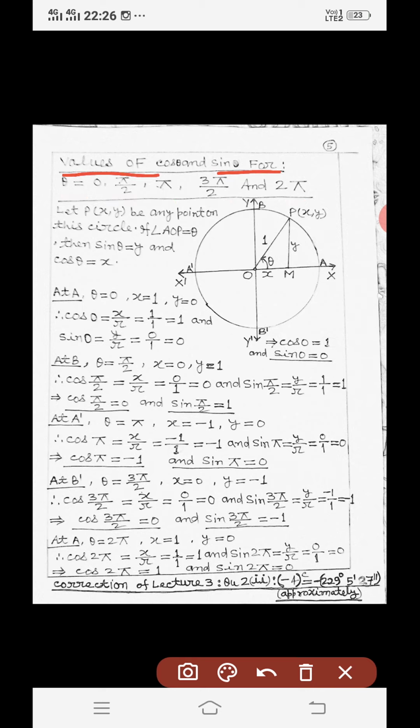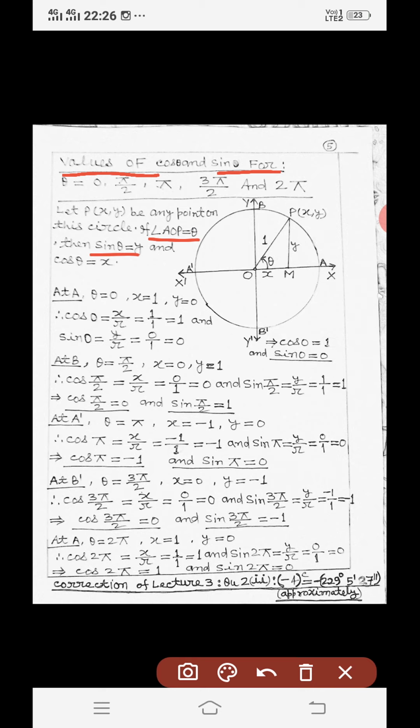Dear students, with O as center and radius r equal to 1 unit, draw a circle cutting the coordinate axes at A, B, A' and B' as shown in the figure. Let P(x, y) be any point on this circle. If angle AOP equal to theta, then sin theta is equal to y and cos theta is equal to x. Already we know.